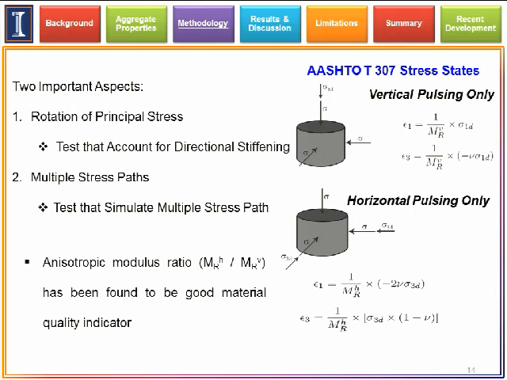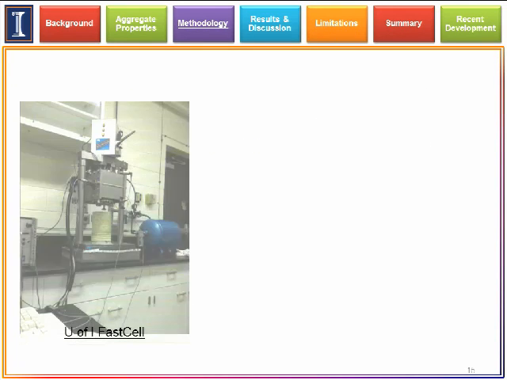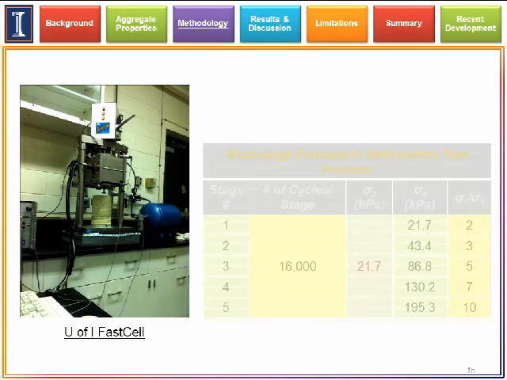So we are pulsing the specimen in both vertical and horizontal direction and coming up with MRH and MRV, and from that we are correlating the directional dependency with the material performances. And this is the equipment that we have used.